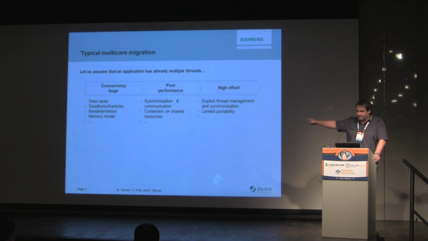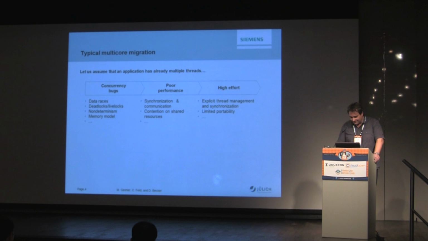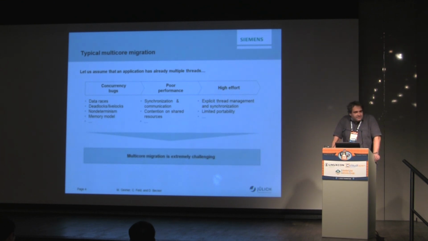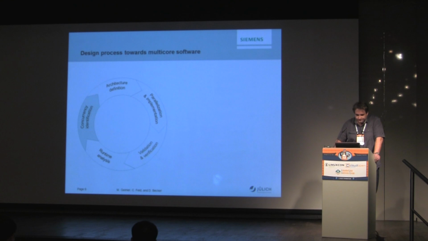I did a lot of stuff, and now the performance is also horrible, but please give me more money. This doesn't work at all. So the bottom line is that a migration from a single core to a multi-core, to a heterogeneous system as well, is extremely challenging. That's why we need tools, right?